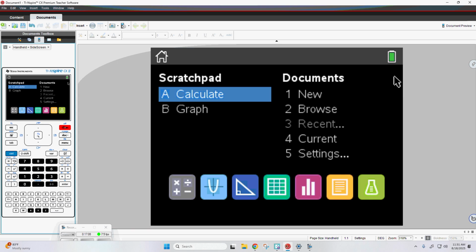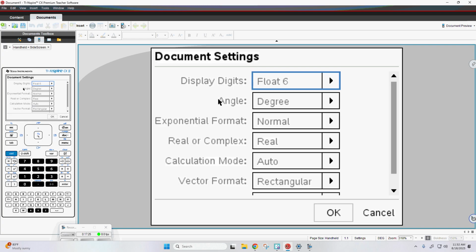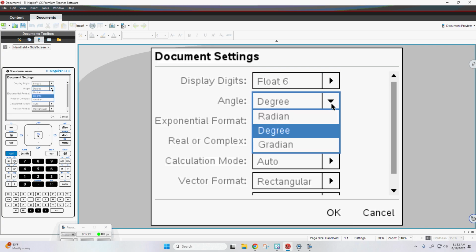From your home screen, go to 5 settings. I'm going to have a lot more listed here just because I have a different software update than the calculators. But you're going to want to go into document settings. Number 5, document settings, and then you'll notice your mode here is going to be the second tab.